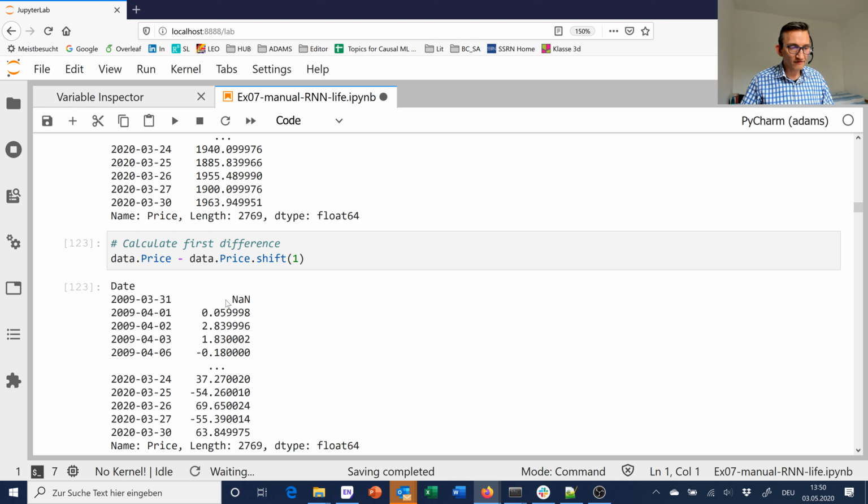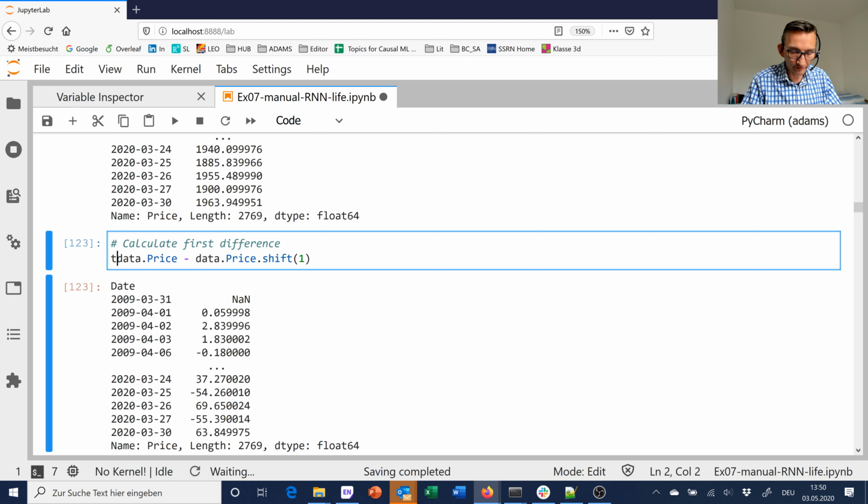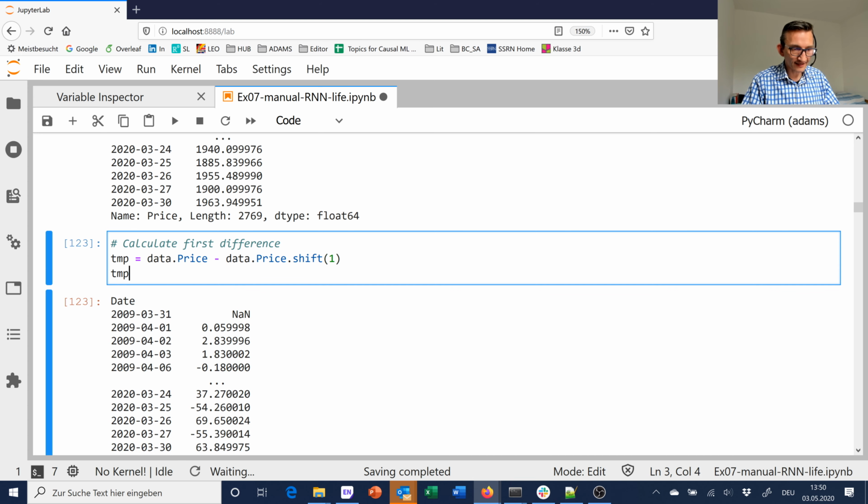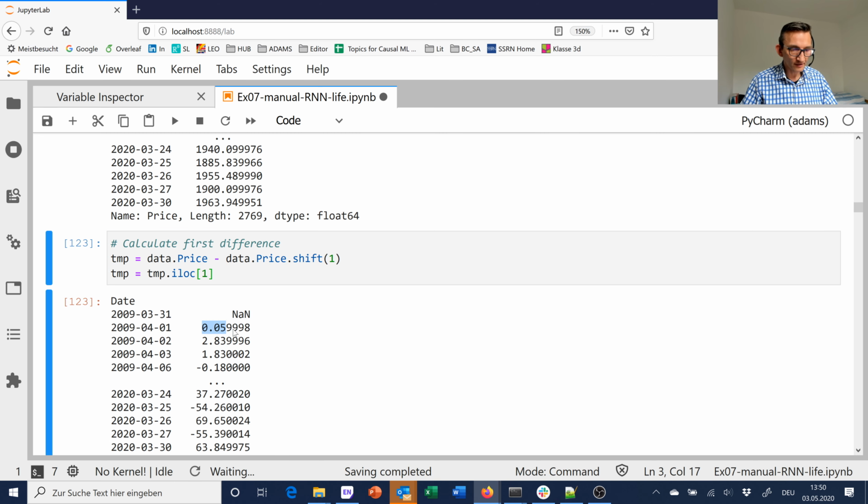And well, that's certainly something we want to get rid of. Let's be a bit careful. I'll first of all begin with a temporary value and then say, well, let this here be temp, and then say temp equals temp.iloc, because I want to index using numbers, and then I can basically take all the values from the second observation, which is this one here.